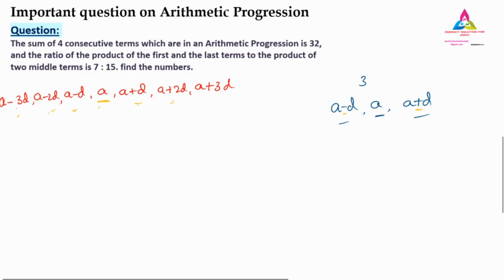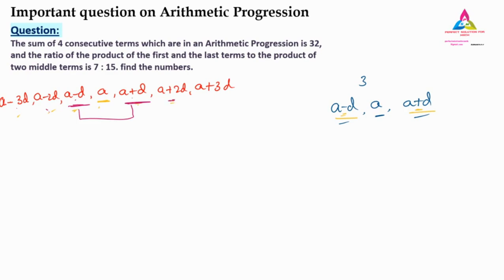So now, very importantly, here we have a minus d, here we have a plus d. Consecutive terms with the same symbol, minus and plus, are the similar things we have to search for. Here you have a minus d, here you have a plus d. So one similar pair we found, only one negative and one positive difference. And here also you can see a minus 2d, a plus 2d.